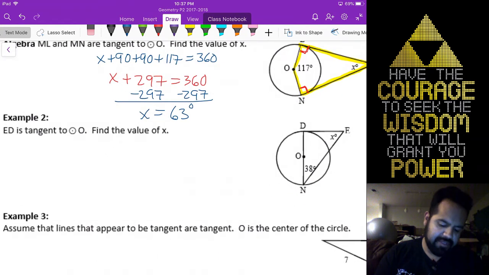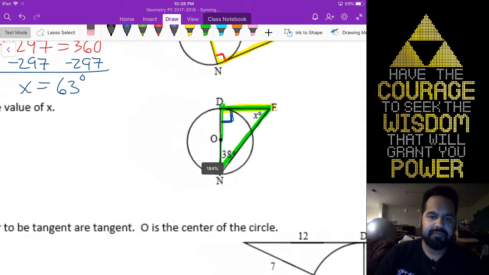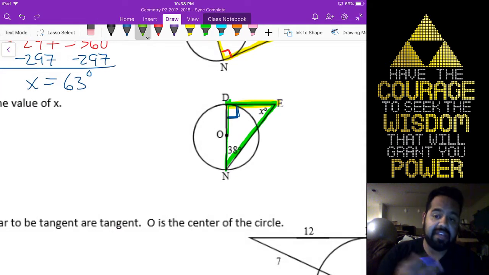Now, on example 2, we're told that ED is tangent to the circle. So right away, you should make a right angle. Find the value of x. Well, my overall shape in this figure is now a triangle. So that means all three angles have to add up to 180.